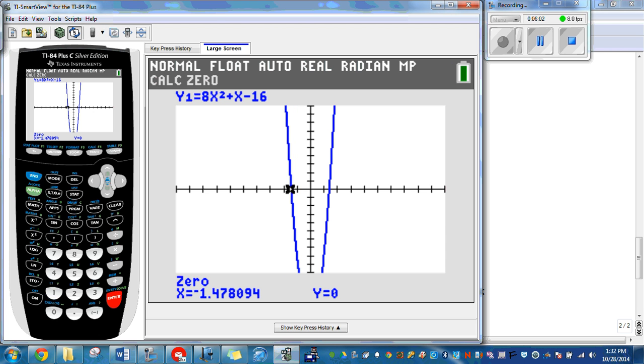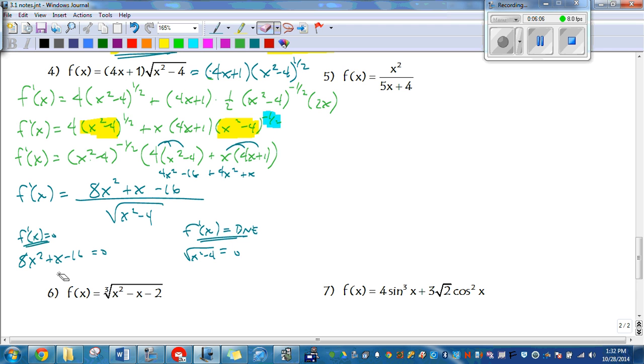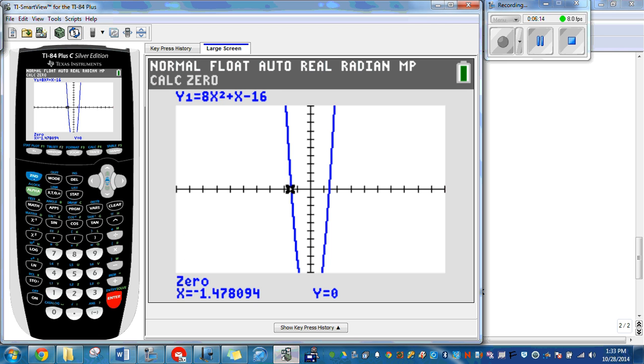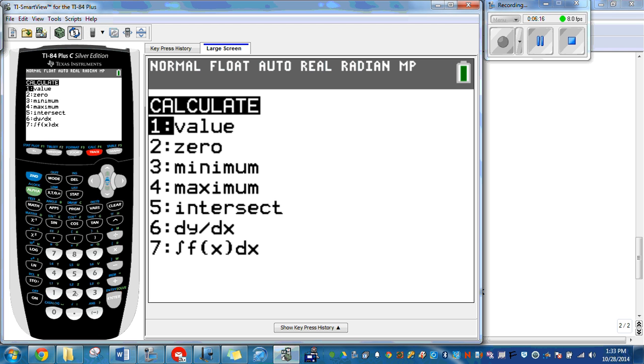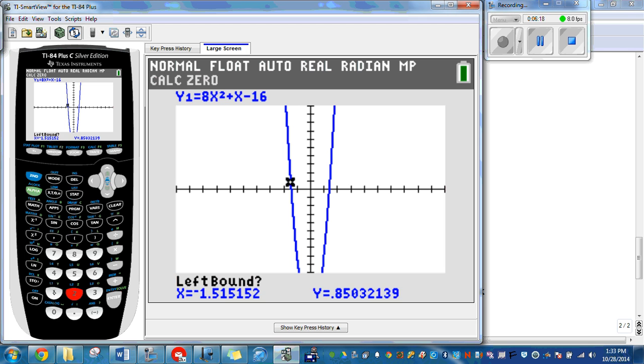So I get -1.478. And we have another one. So I'm going to do second trace 0 again. This time left bound is going to be 1. Right bound is going to be 2. And enter. We get 1.353.